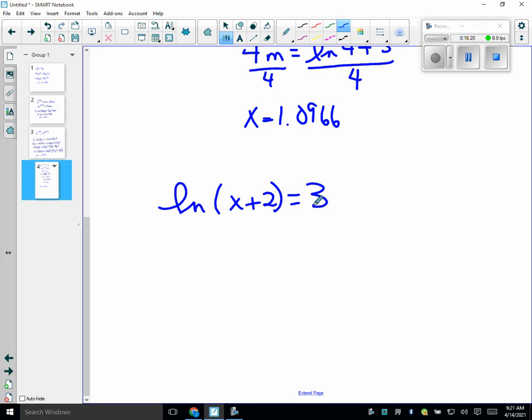Do you remember how to do that? This base, what is this base? e. e to this power: e to the 3 equals x plus 2. Do you remember that?